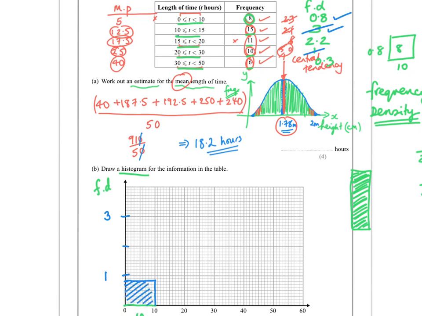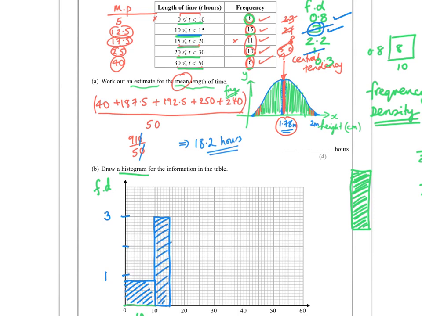Now we want this one, so it's a depth of 5, so it's going up as far as here, which is the 15 mark, and it's got to be as high as 3 because that was its frequency density. So it's going to be a very long, narrow one here. Okay, so that's done.